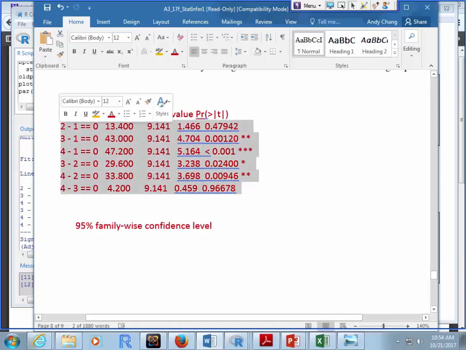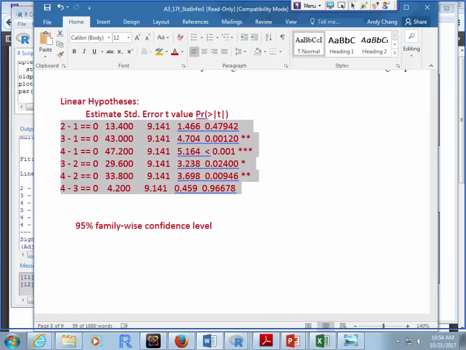This is what we call post-hoc analysis. When you run one-way ANOVA, in the beginning you don't have a clue which pair you want to compare, so you want to do all the comparisons. There are only 6 possible comparisons you can do if you have 4 treatment groups.